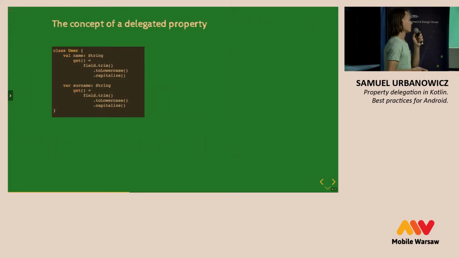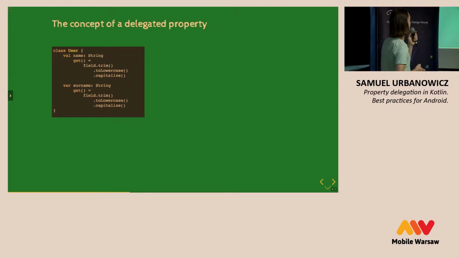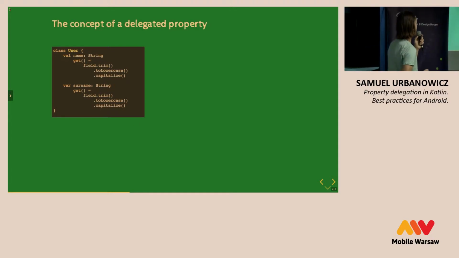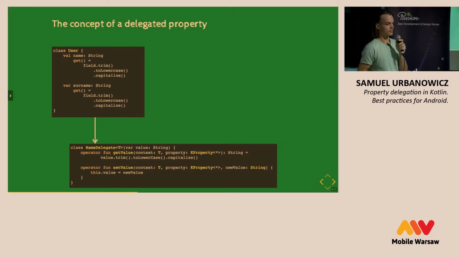So this is our use case when the property delegation can help us to extract the code from getter and setter functions. As you can see here, we've got the User class with two properties, and we are overriding their getter functions with the same set of operations. So in order to extract this implementation of getter functions, we can declare a separate class which will take over the control of our getters and setters.